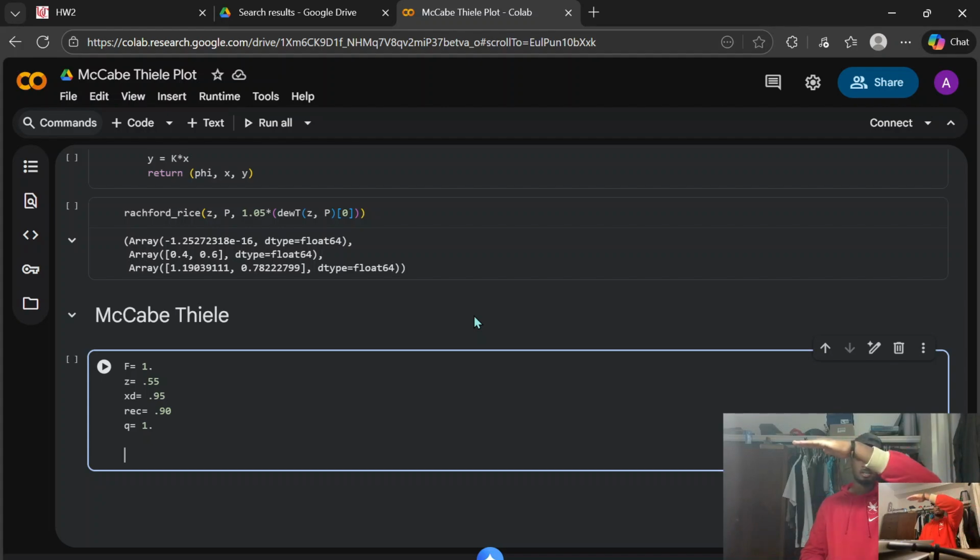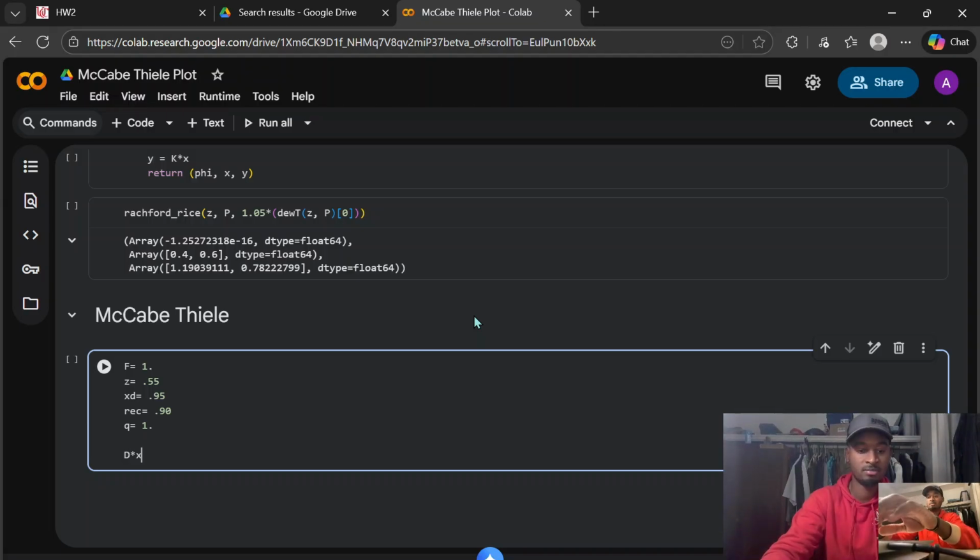And then we know the distillate composition as well. So using that, we can say that D times XD is equal to that feed flow rate times its composition.